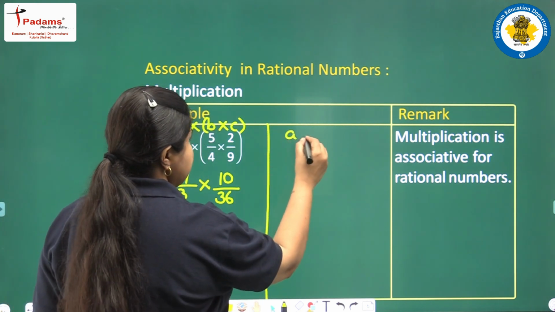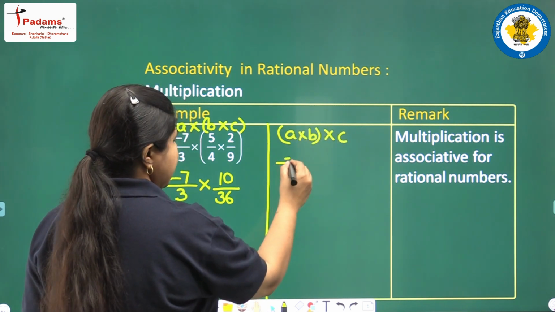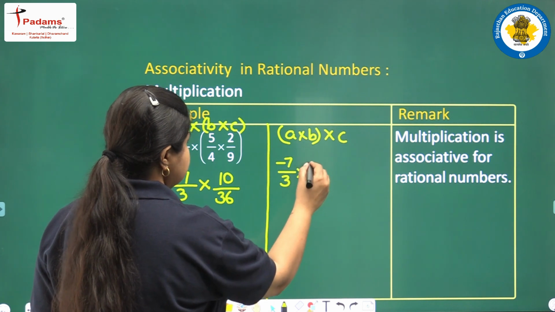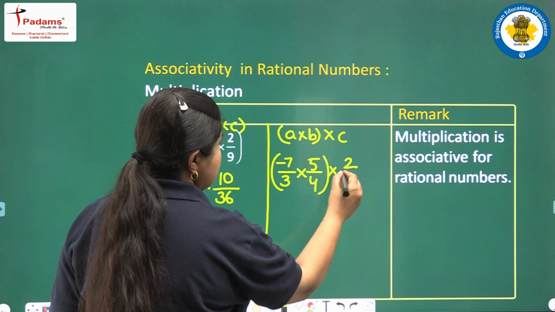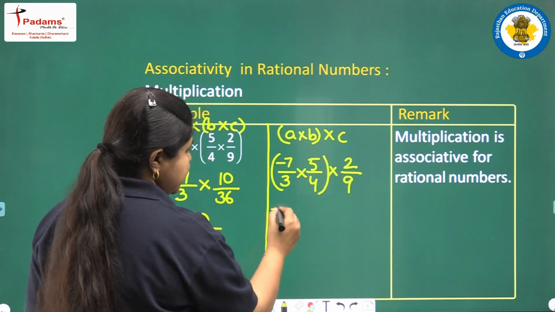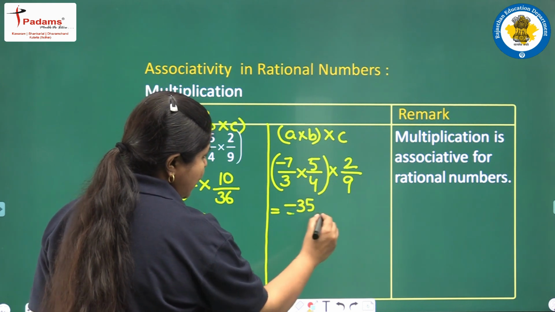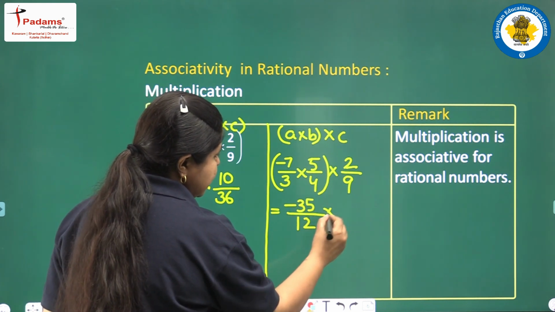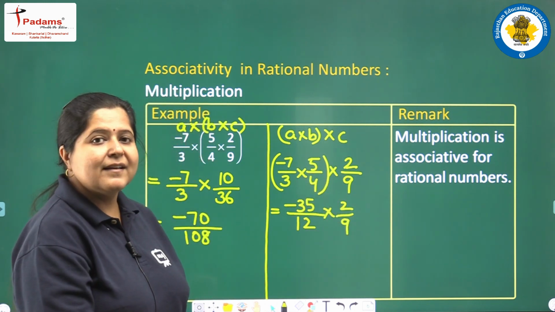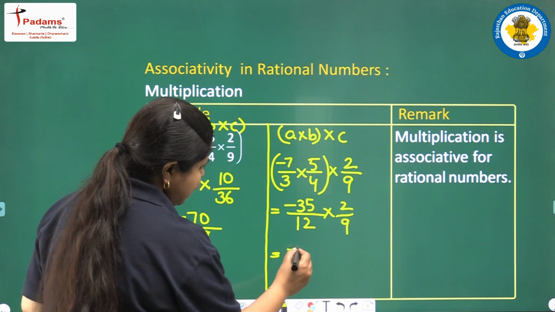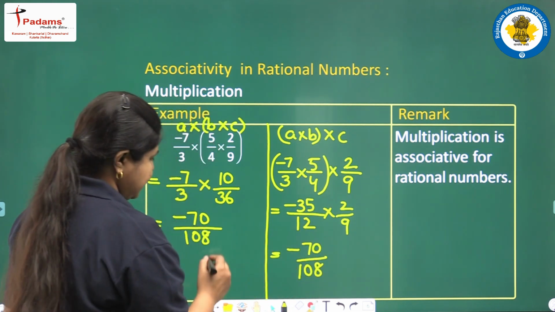Next we multiply A and B first and then we will multiply C. What do we get? Minus 7 by 3 into 5 upon 4 into 2 upon 9. This will be again minus 35 upon 4 3s are 12 into 2 upon 9. 35 2s are 70, minus 70 upon 12 9s are 108.